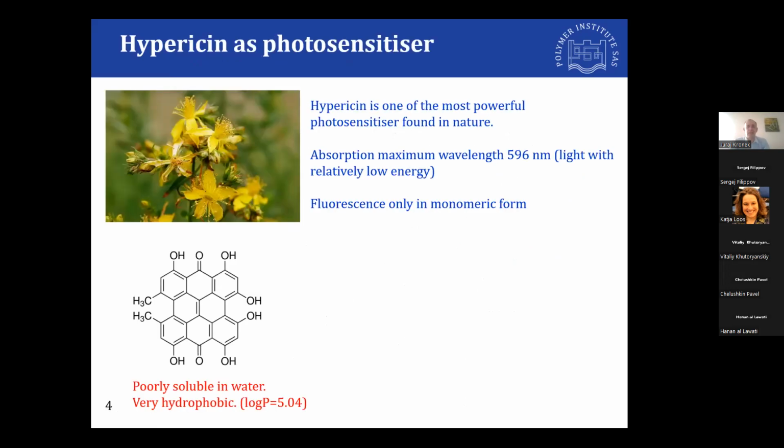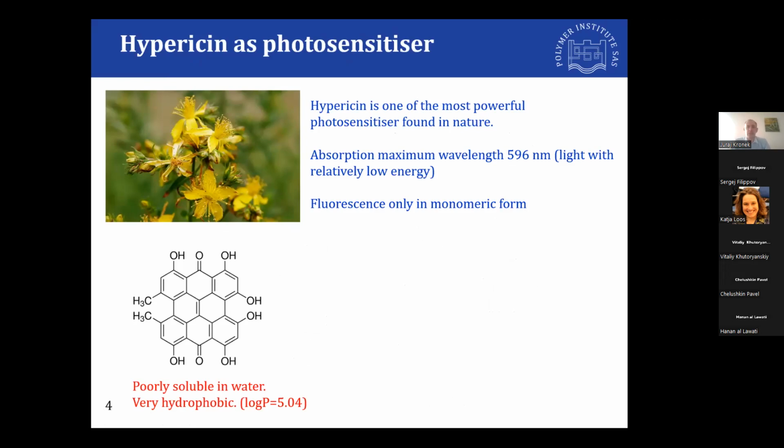Hypericin is a naturally occurring compound from the St. John's wort plant, and now is a very powerful photosensitizer found in nature. The advantage is that the absorption maximum is about 600 nanometers. It means the light is relatively low energy.